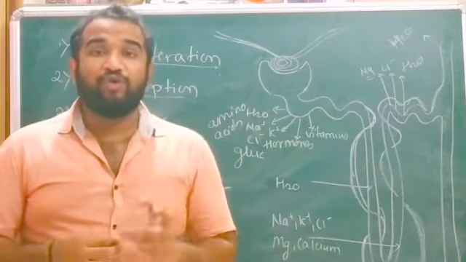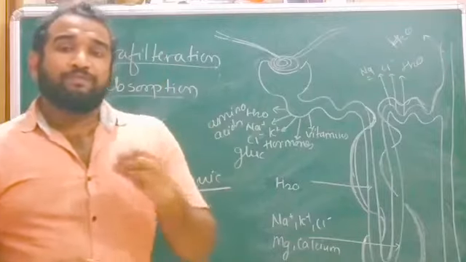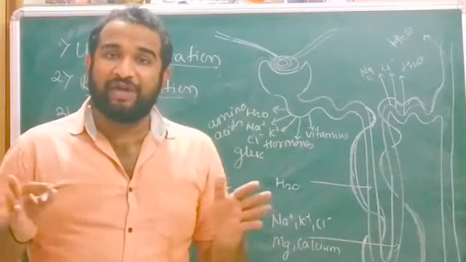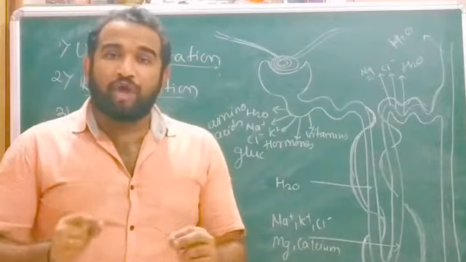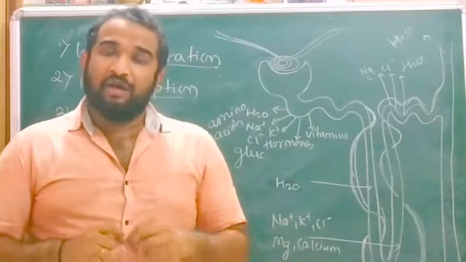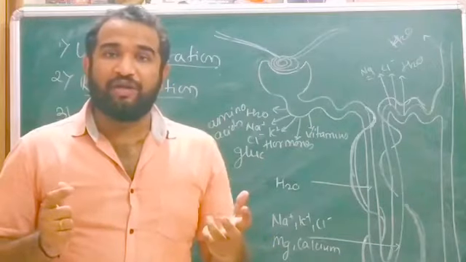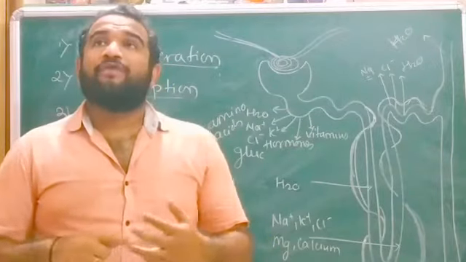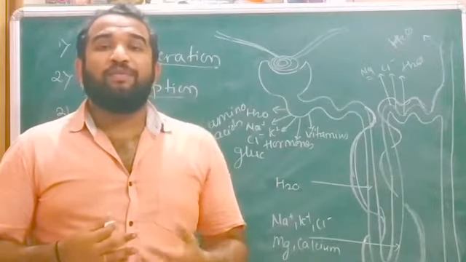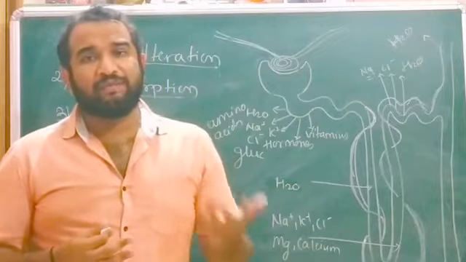The last one is the neural control. So there are three controls, and the third one is the neural control. Both the kidneys are innervated, that is, the neurons of the sympathetic nervous system enter the kidneys. When the sympathetic nervous system is activated, in an alert condition, when we are scared or under some pressure, all the activities inside the body become heightened.